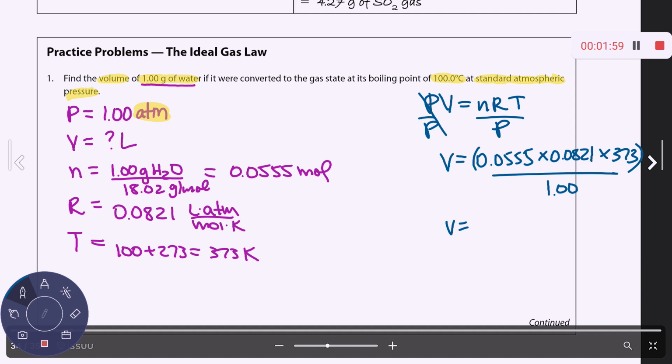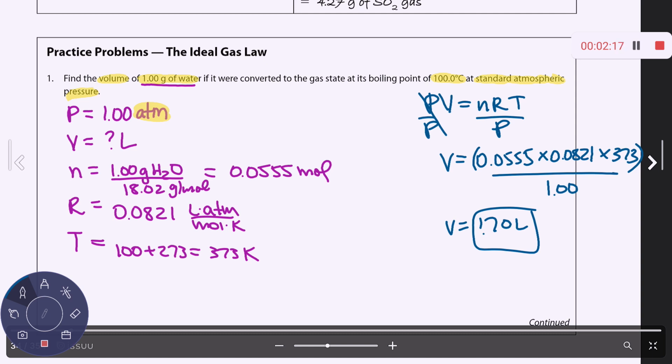You're going to end up getting 1.70 liters. Okay. We're going to do one more practice problem using this.